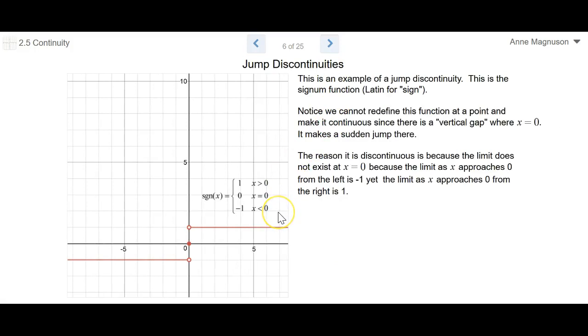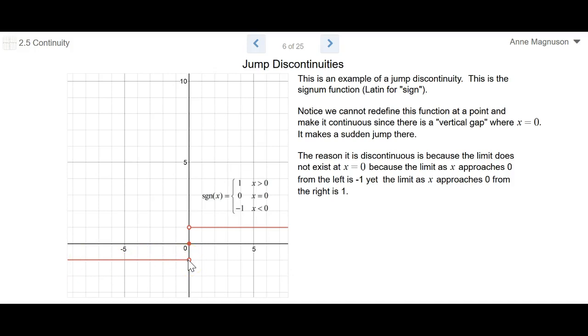Here's an example of another type of discontinuity called a jump discontinuity. This is the signum function, and notice it's really giving the sign of a number, its input. So it jumps from this horizontal line at y equals 1 down to the horizontal line at y equals minus 1.